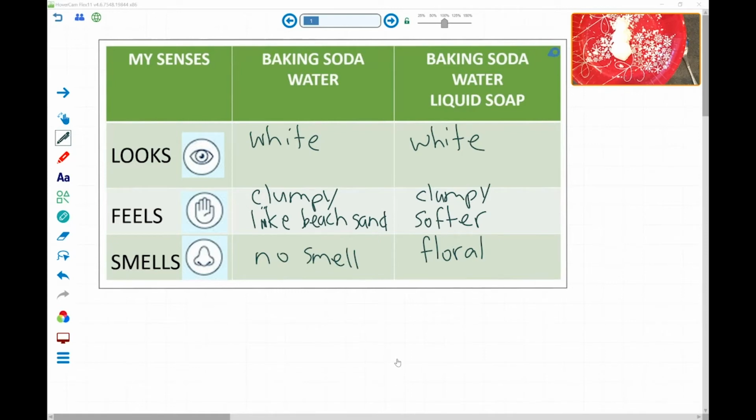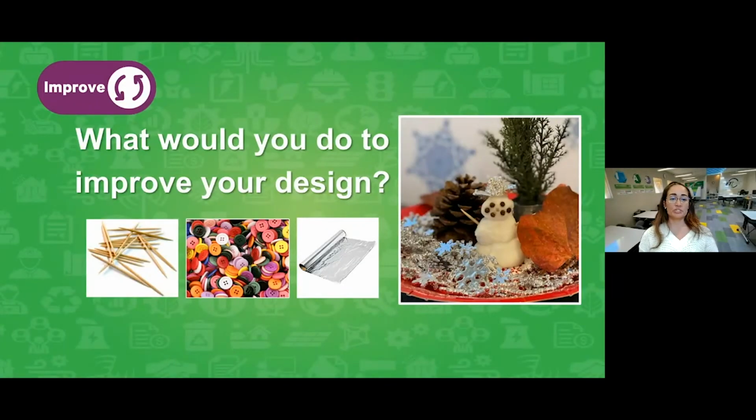and talk about if we were to improve this just a little bit more, what might that look like? So what would you do to improve your design, the quality of your design? Would we try using even other liquids besides the dish soap that I had? There's all kinds of white things in your house, but of course we want to be safe with what we're finding, but you can certainly experiment on a small scale with adult supervision.